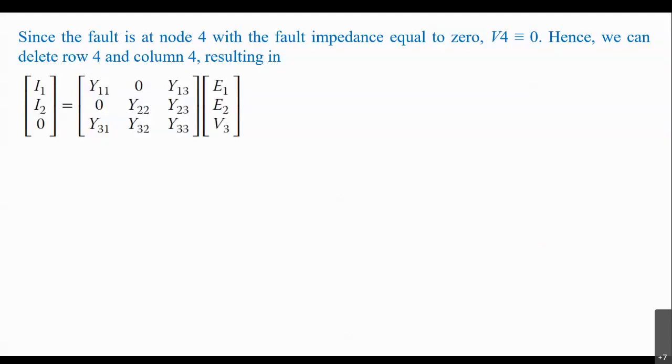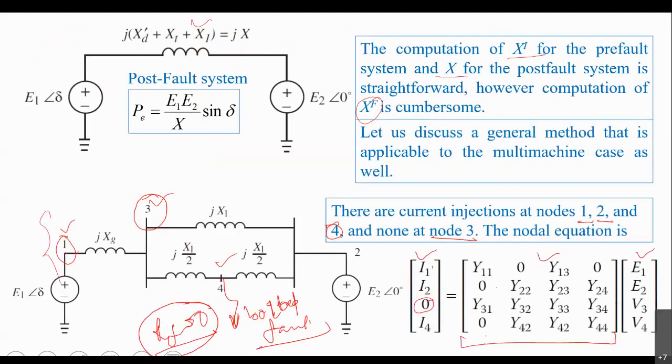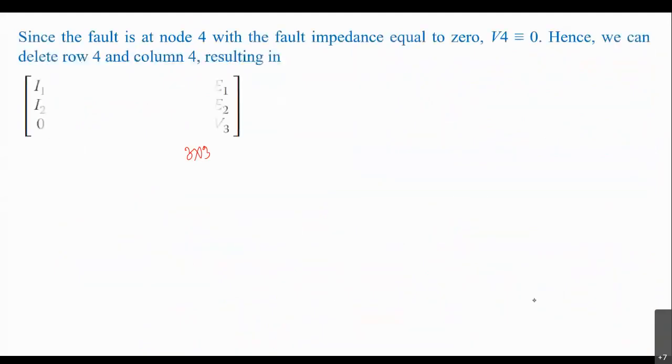So then I can write I1, I2, 0, and your Y bus matrix became 3 by 3, with E1, E2, V3. You can see the previous equation here. If we substitute V4 equal to 0, then the fourth row and fourth column will be deleted, and your reduced matrix will become this one.